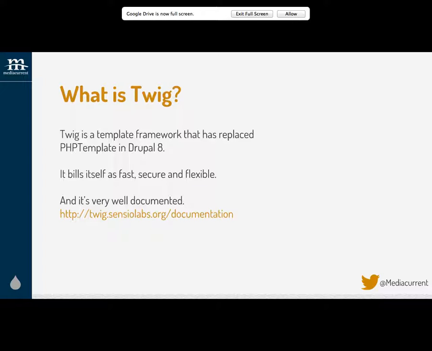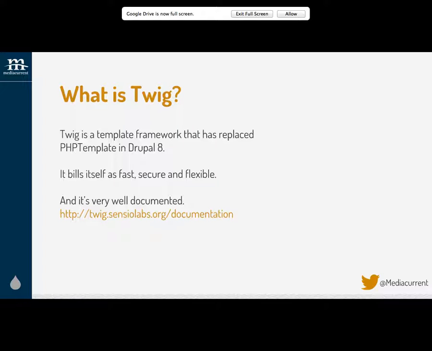And then I'm sure all you know, but the biggest change I think in D8 theming wise is Twig, which if you haven't had a chance to play around with it, it's pretty awesome, and it replaces PHP template, which wasn't so awesome. It's billed as secure, fast, and flexible.